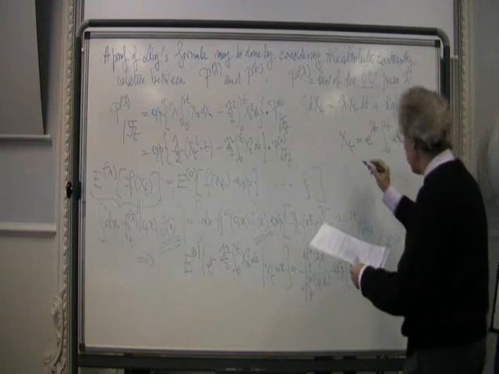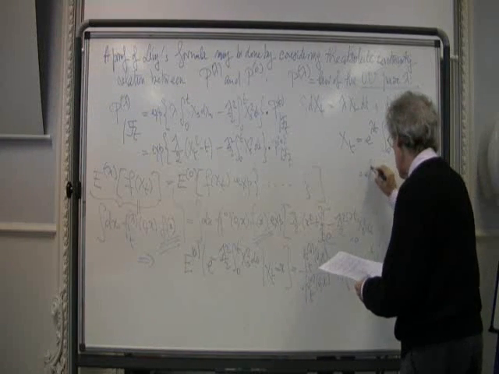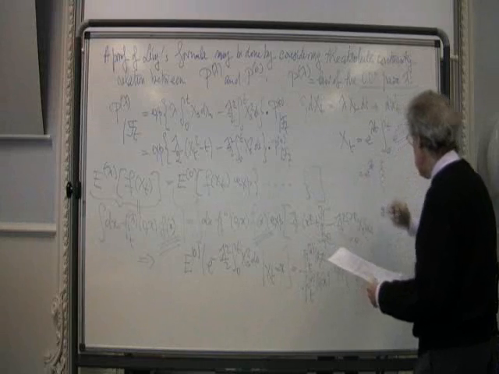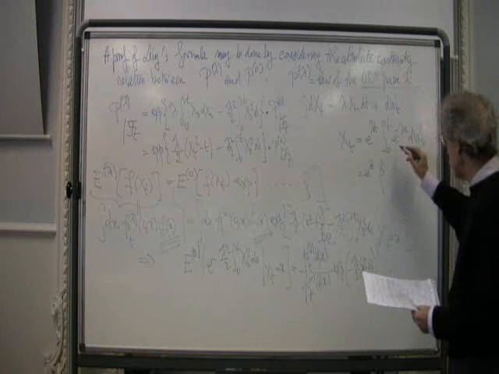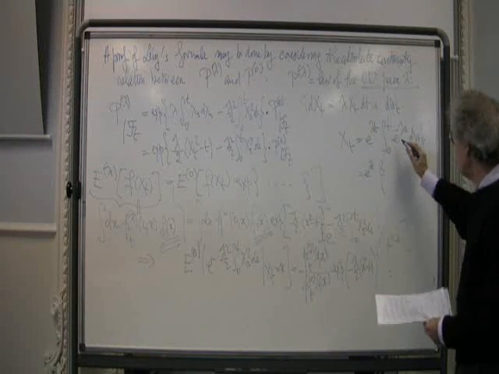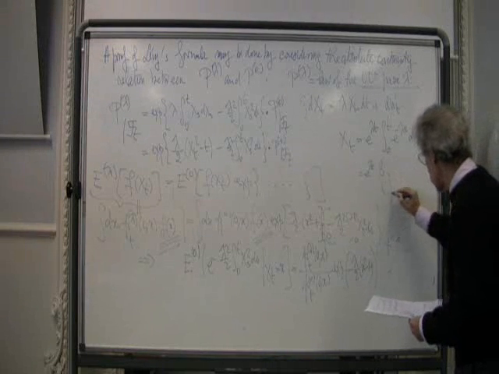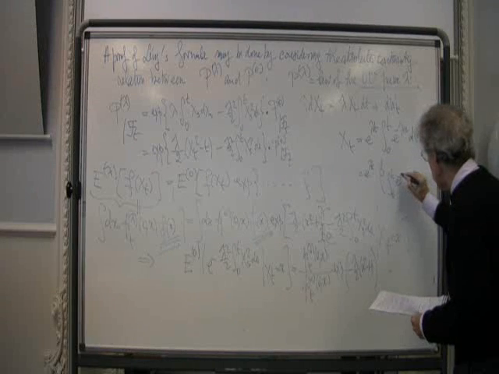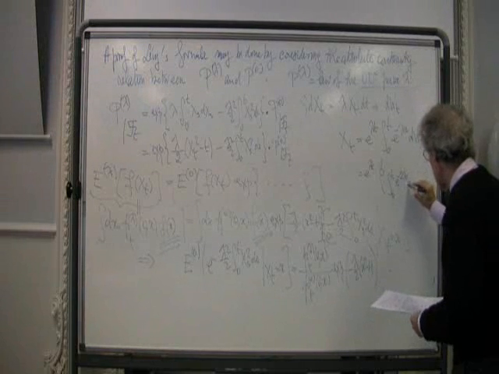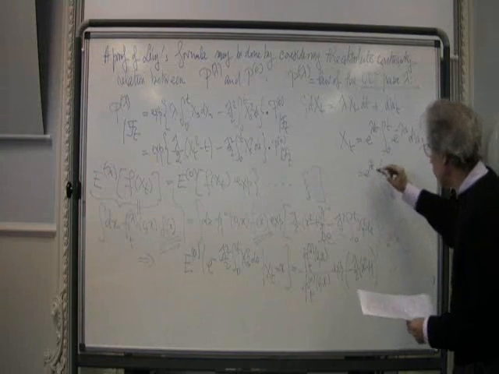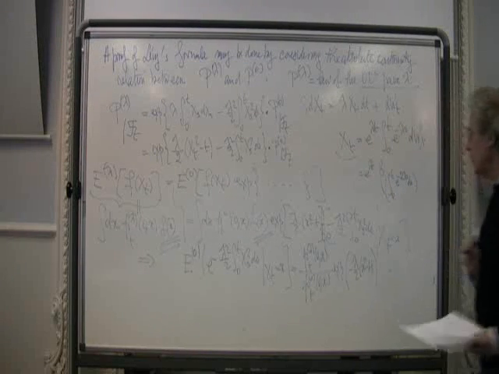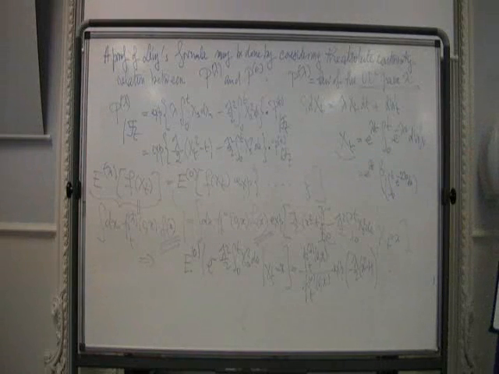And now I write this as e to the lambda t, and a new Brownian motion time changed with the integral 0 to t e to the minus 2 lambda s ds. And so you see that you know the law of X_t.